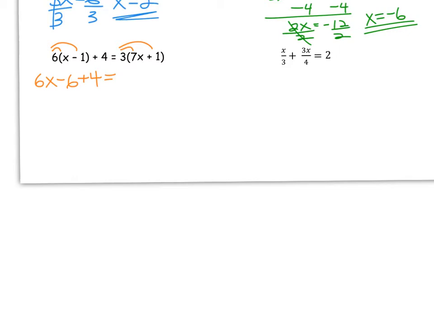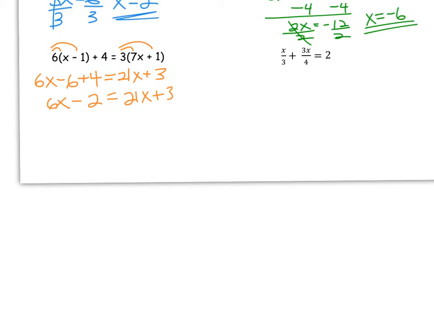On the right, 3 times 7 is 21 times x. 3 times 1 is 3. Combining like terms, we get 6x minus 2 on the left-hand side, 21x plus 3 on the right.